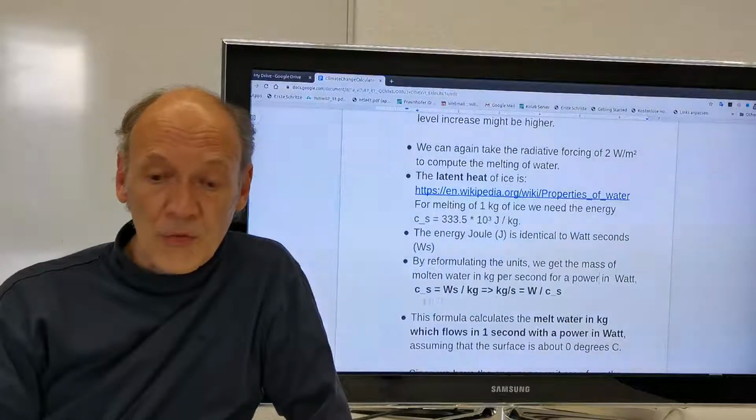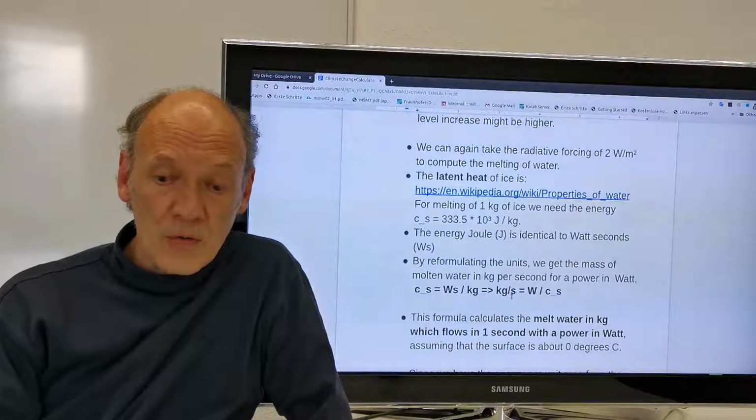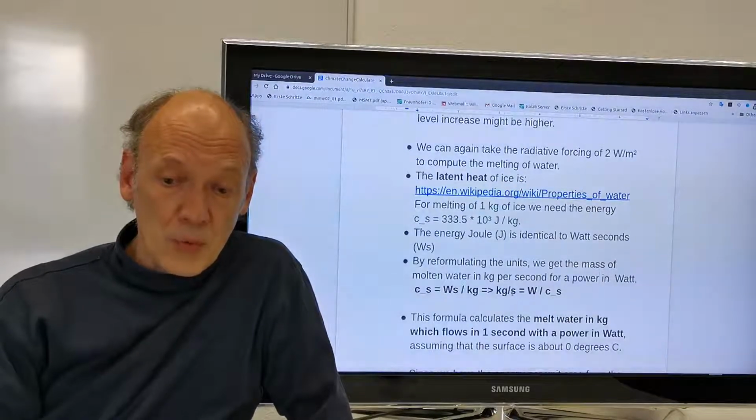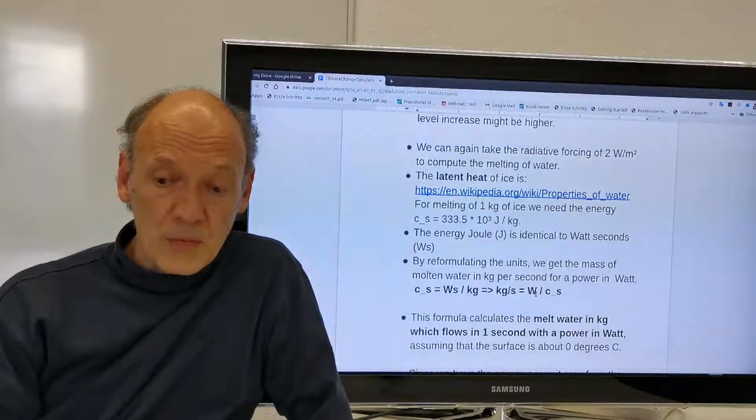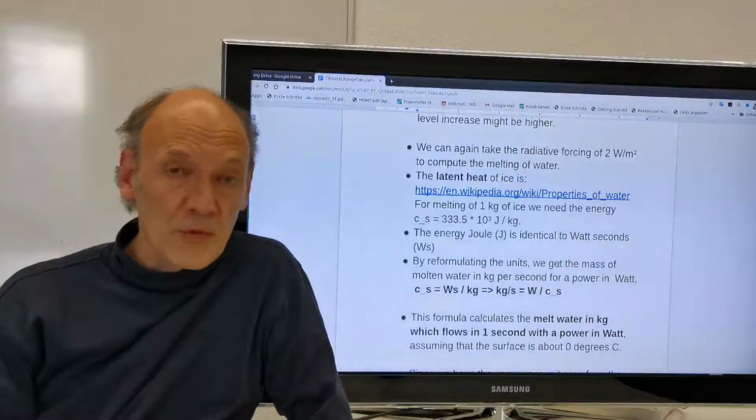So now we have a formula which gives us the amount of melting water per second given the power in watts. And we already have the power in watts.